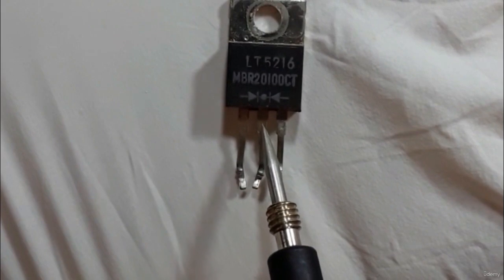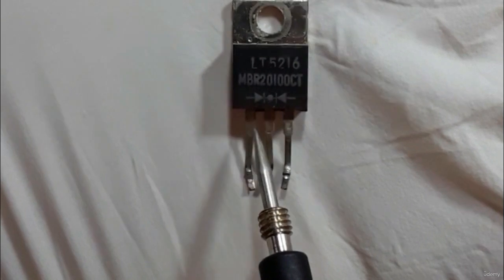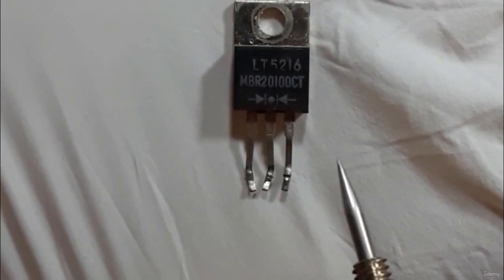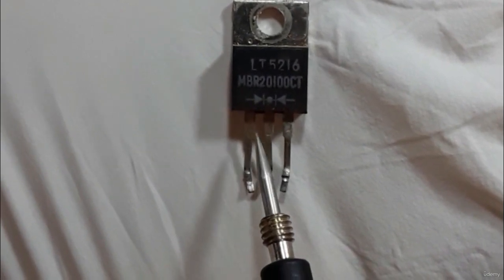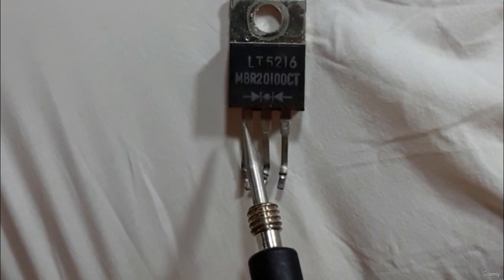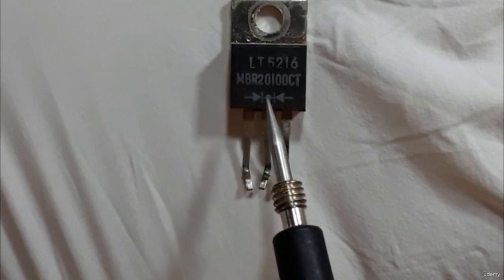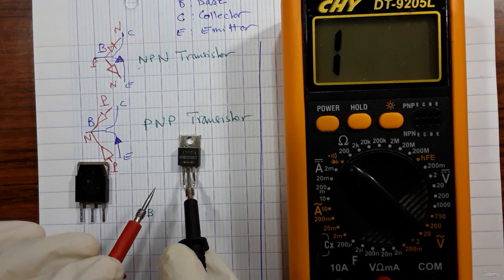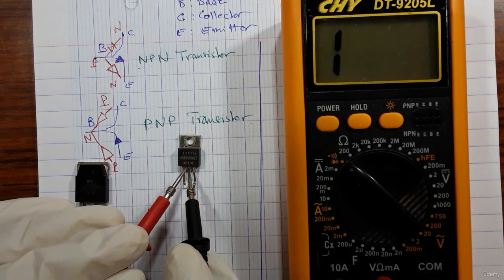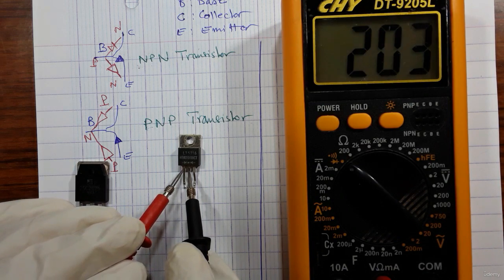So if we put the black probe here like this, and we put the red here one time and the red here in the other time, we should get a reading. But if we put the red probe here and then put the black probe here one time, and in the second time here, we should not get any reading. So this is PNP. Let's check it out. So let's put the black probe here, and then the red probe here, as you see, we got 200.